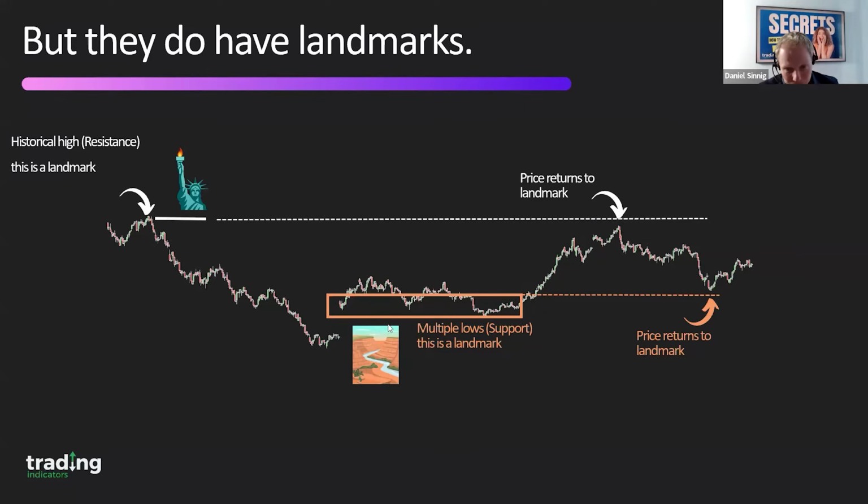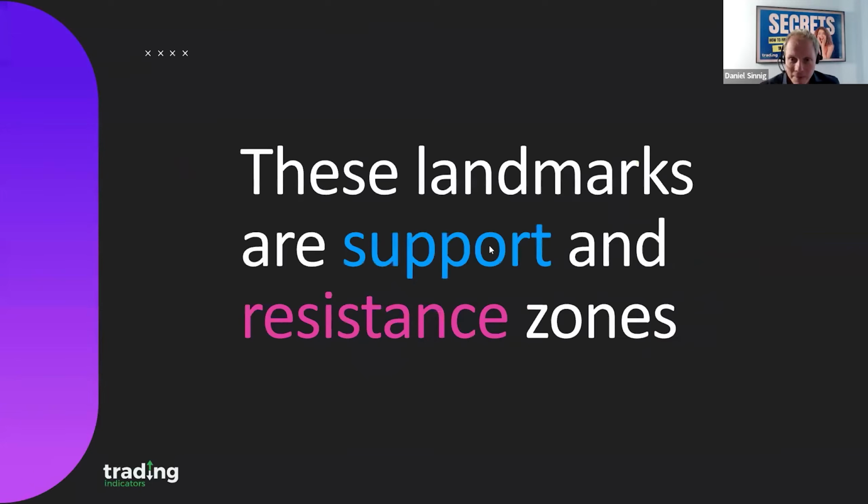Same with this area here of pivot lows. It was revisited later on in the future. And this was an eye-opener for us. Wow, there seems to be a certain significance to these areas so that price will go back to them in the future. Now, these landmarks are typically referred to as support and resistance zones, a term I'm sure you have heard before. And it's really not a new concept, but the way we are identifying these landmarks is quite unique.